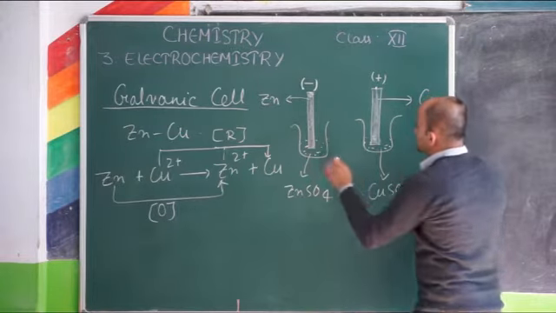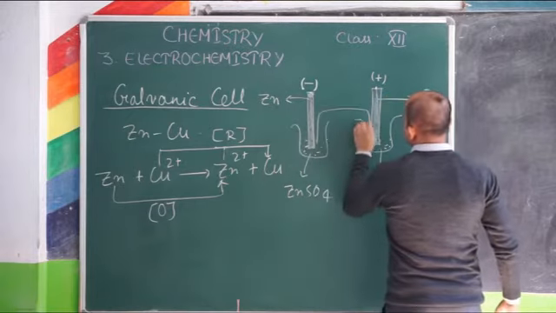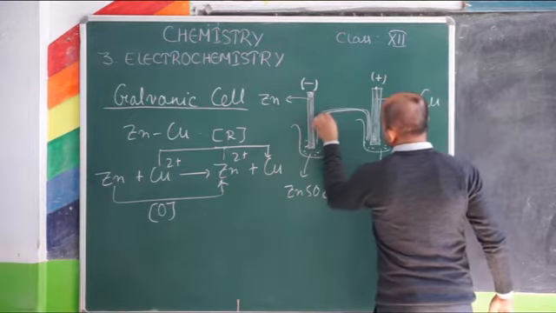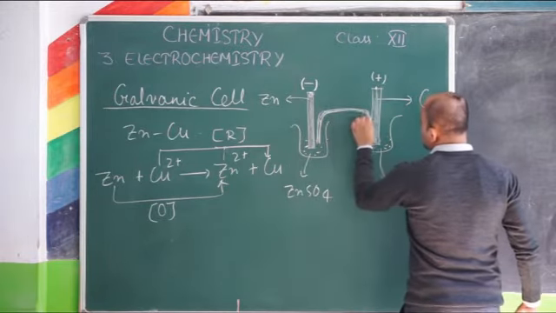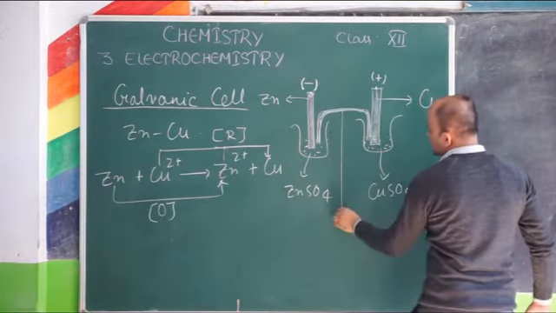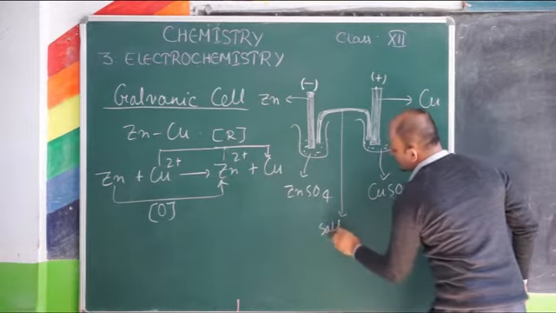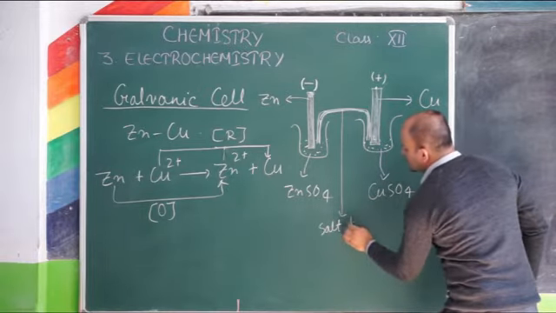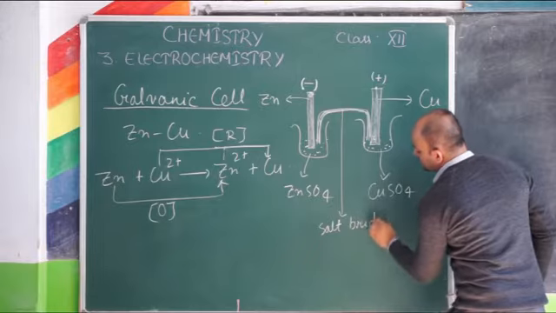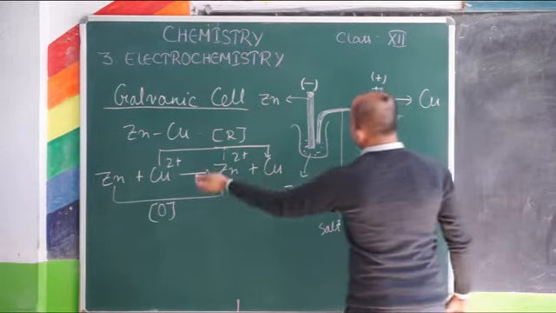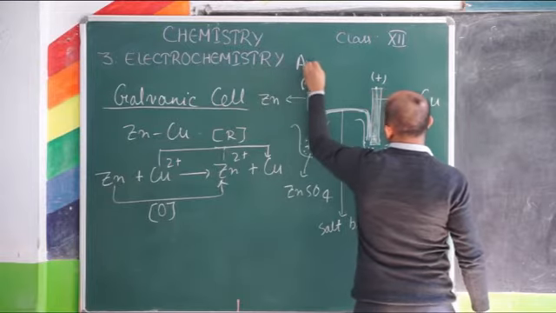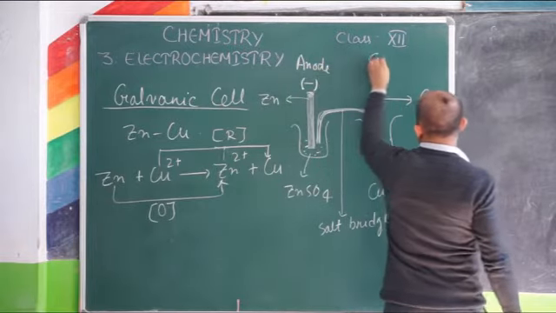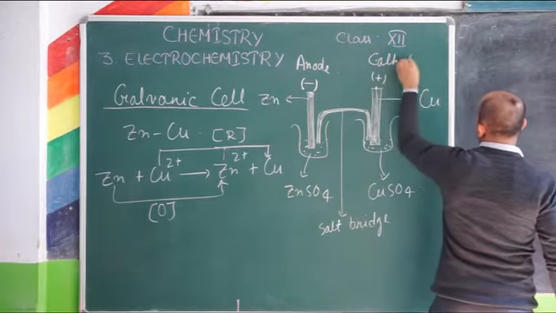These two half cells are connected by a bridge, which is known as the salt bridge. On this side oxidation takes place, therefore this is the anode and this is the cathode.